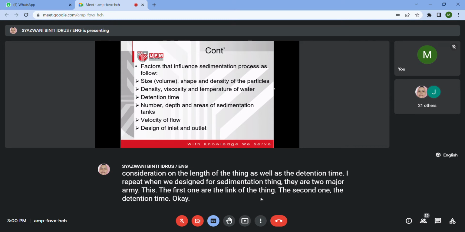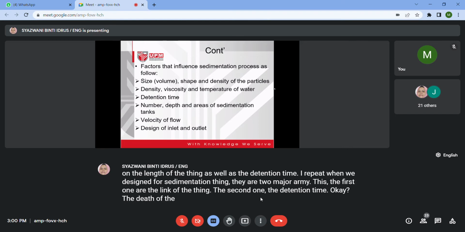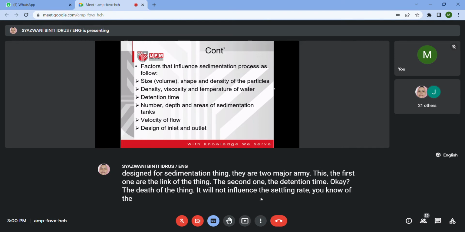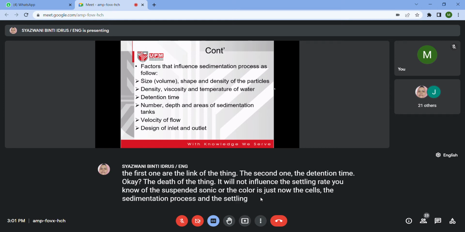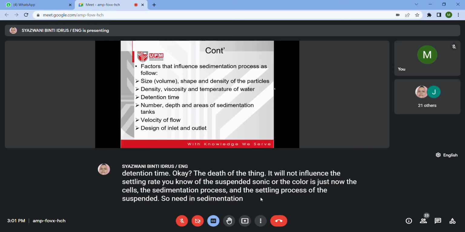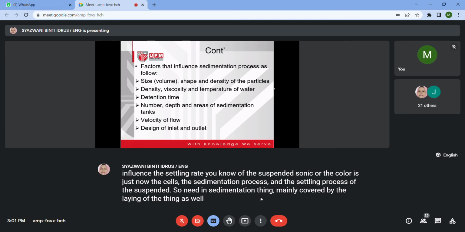The depth of the tank will not influence the settling rate of the suspended solids or the colloids. The settling process of the suspended solids in a sedimentation tank is mainly governed by the length of the tank as well as the detention time.